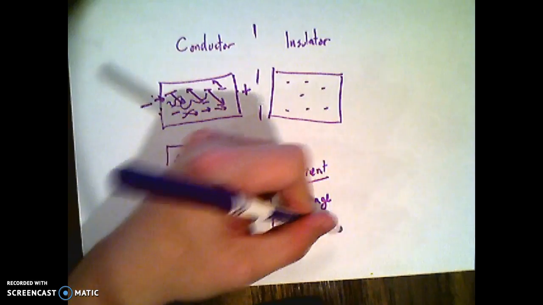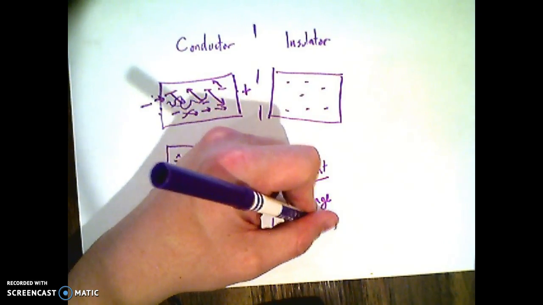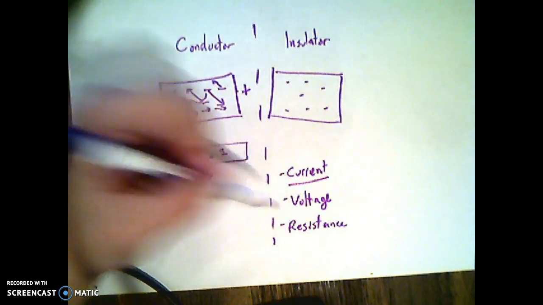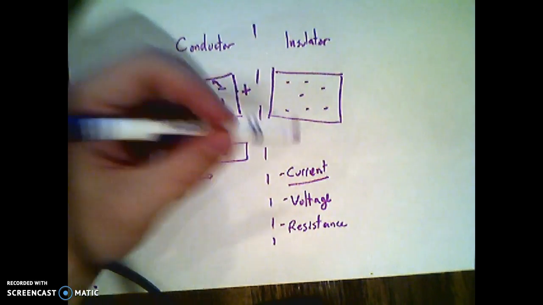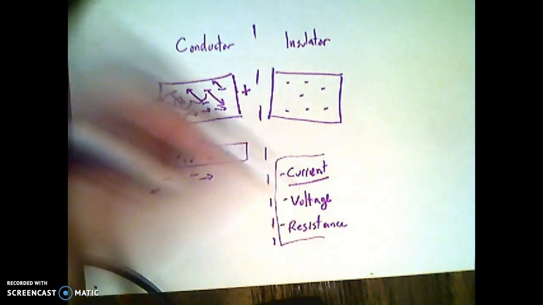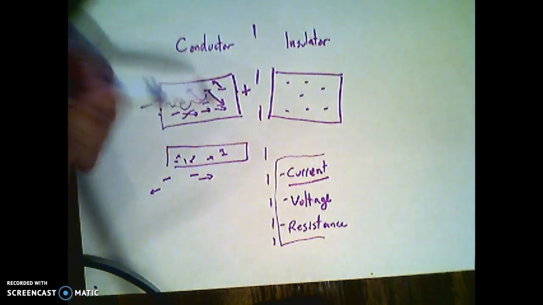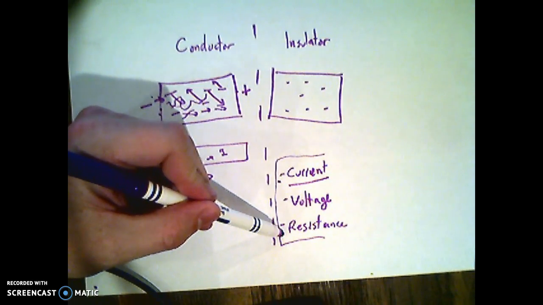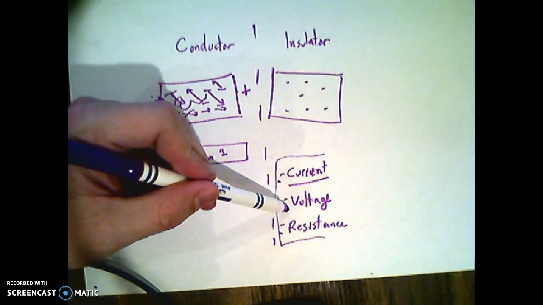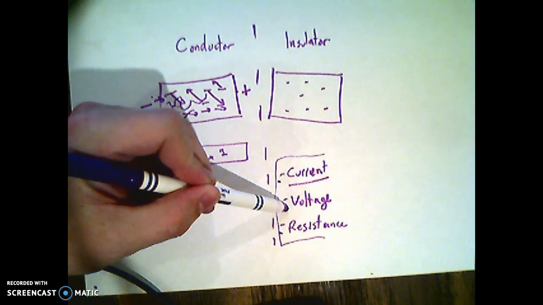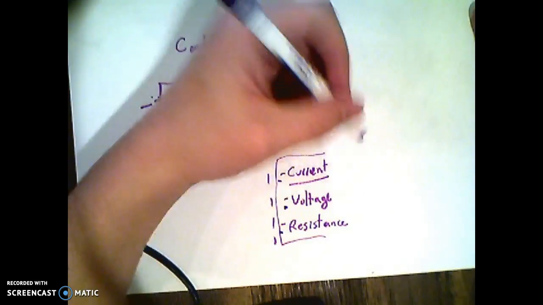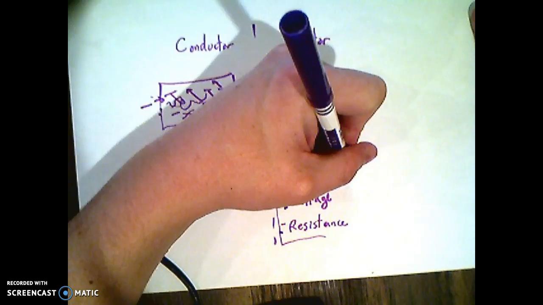And when we talk about electricity and electric circuits, these are the three really important concepts that we need to understand. All three of these things are very closely related together: how fast the electrons move, how difficult it is for them to move through something, and how hard we're pushing them.